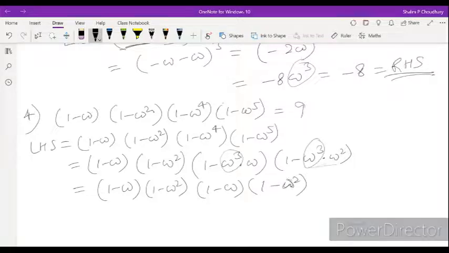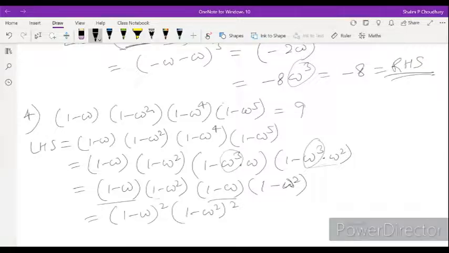Now 1 minus omega into 1 minus omega will be (1 minus omega) whole square, and 1 minus omega square into 1 minus omega square will be (1 minus omega square) whole square.